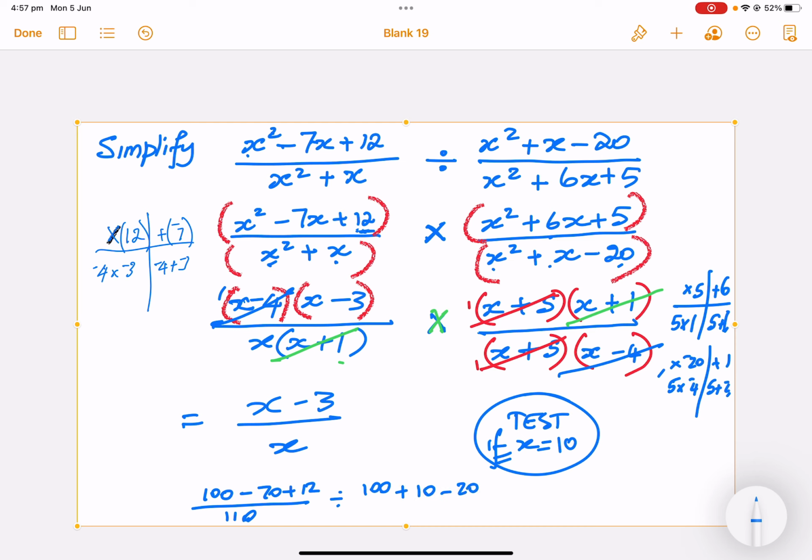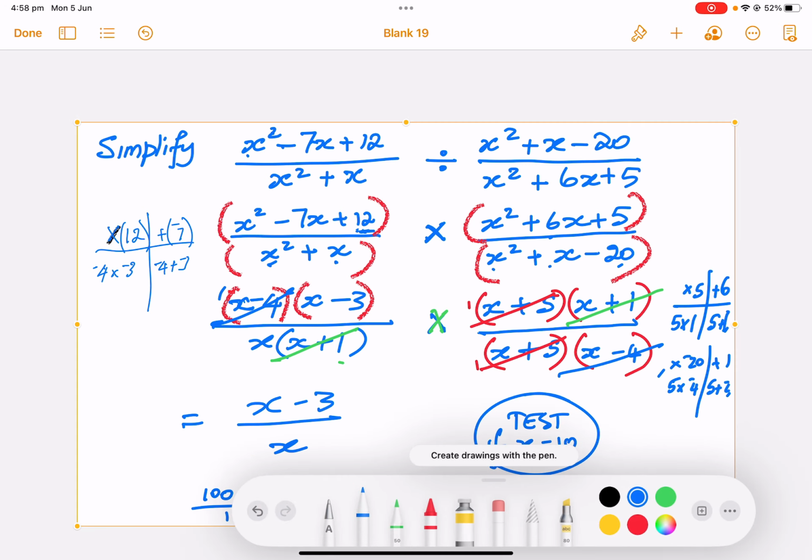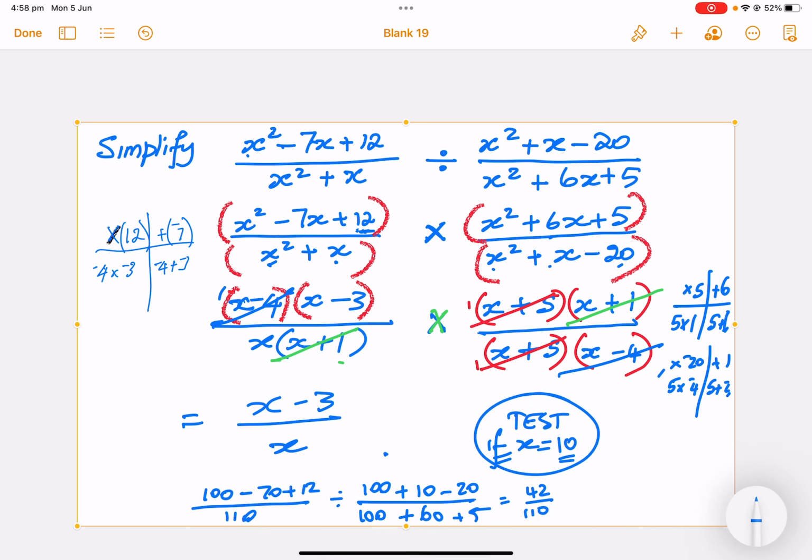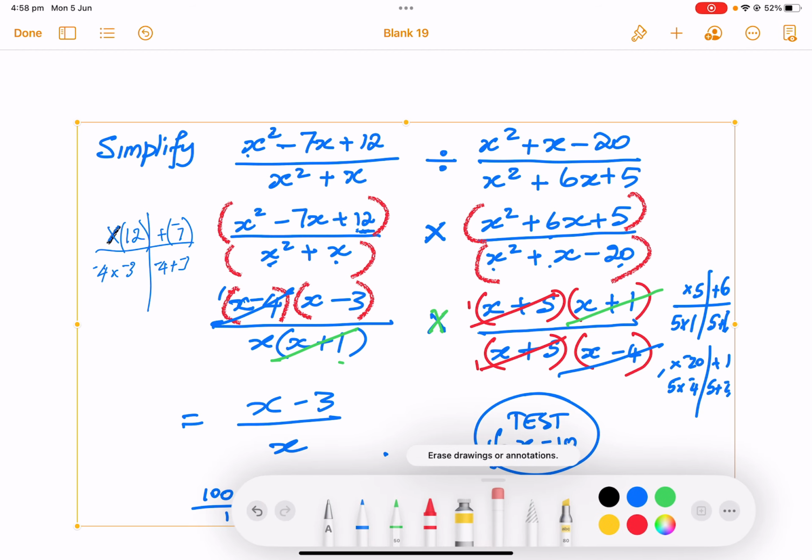I'm just substituting 10. I want to see if they're both the same. 100 plus 60 plus 5 is 165. I could put any number, but 10's an easy number to use. We get 42 over 110, divide, 90 over 165.